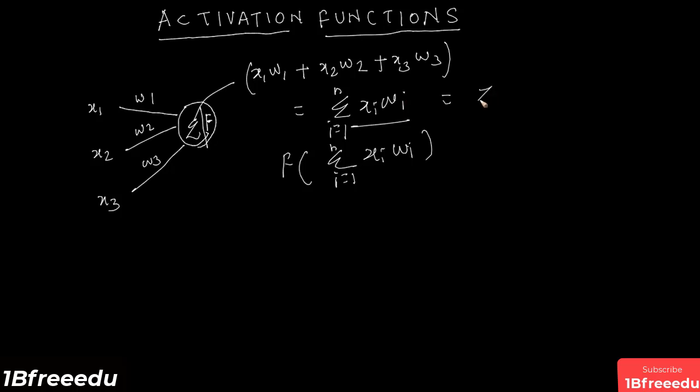So I'm writing f of z, with z standing for this sum. Applying this function on this sum, z, gives us the output of this neuron, O. So O is equal to f of z. This function f, which is there in this neuron, is called the activation function.